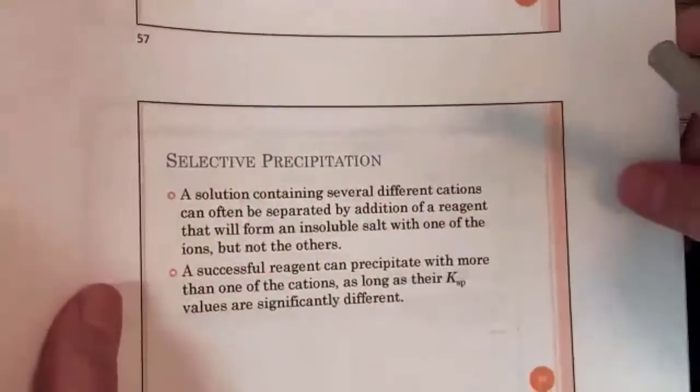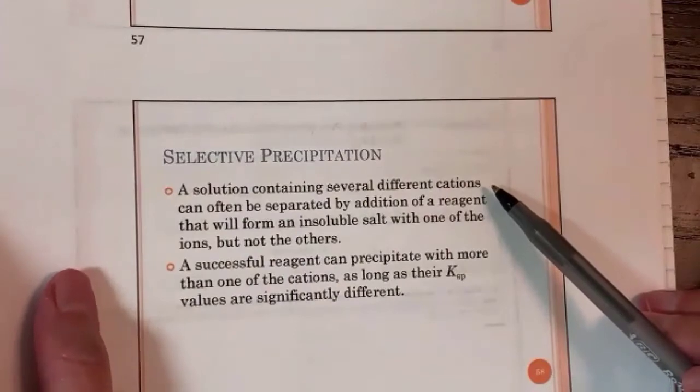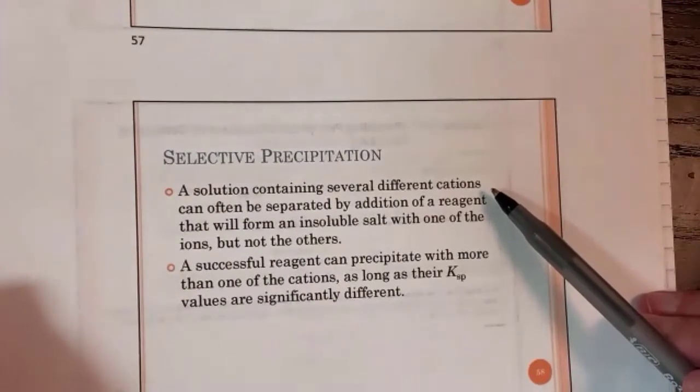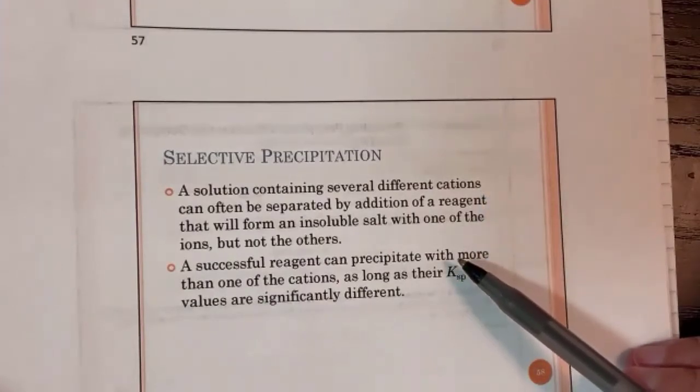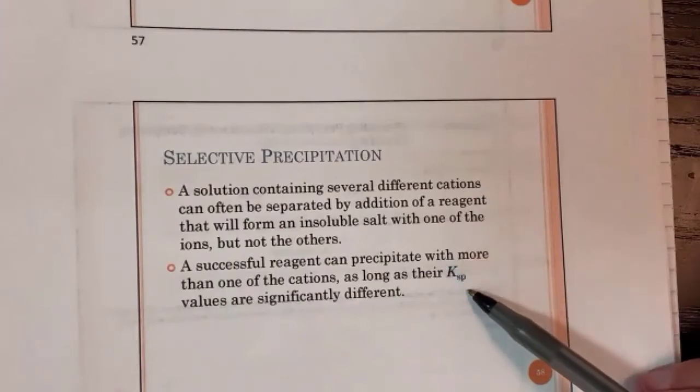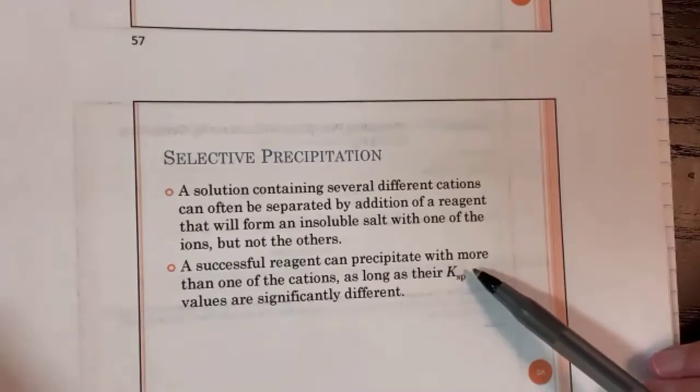In this case, if you have different ions around, and you know the KSP and you know what they react with, you can selectively precipitate one of them first before the others. It depends on your KSP values. They should be pretty different, so the KSP makes a difference, right?